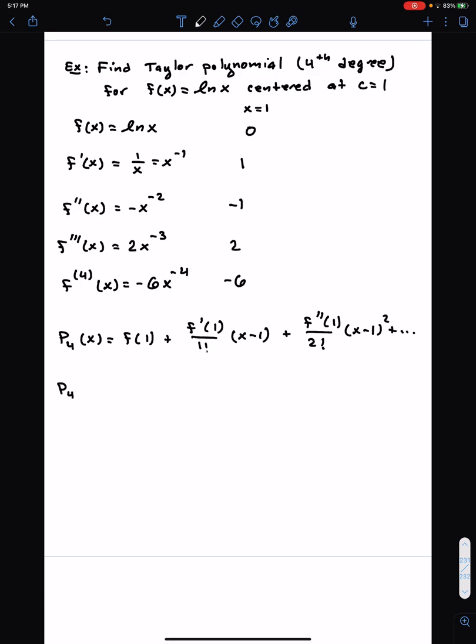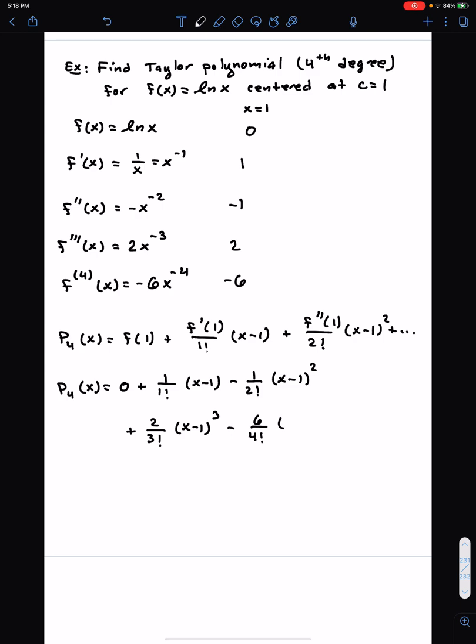So the fourth degree polynomial is equal to 0 plus 1 over 1 factorial x minus 1, minus 1 over 2 factorial x minus 1 squared, plus 2 over 3 factorial x minus 1 cubed, minus 6 over 4 factorial x minus 1 to the 4th.